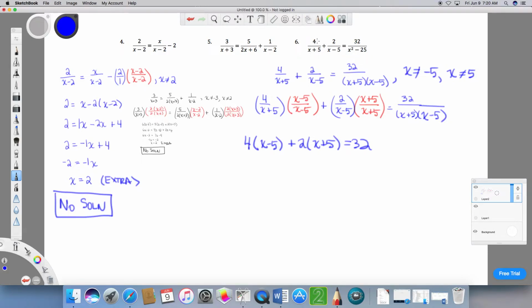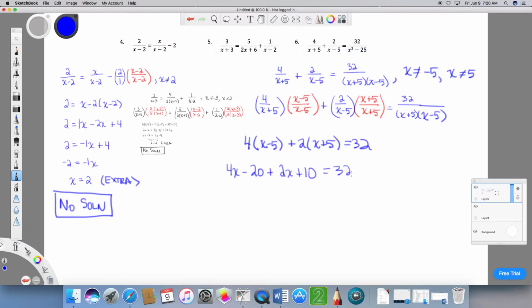They would result in division by 0, and that's undefined, and undefined doesn't equal undefined in an equation. So we can't allow those two values in our solution set. So let's solve this equation by distributing the 4 over the subtraction, and the 2 over the addition.